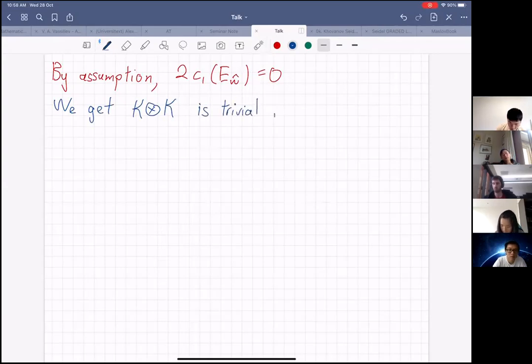K is the determinant line bundle of the tangent bundle, or maybe the cotangent bundle. If C1 is 0, it's like a Calabi-Yau, which means you have a holomorphic volume form.